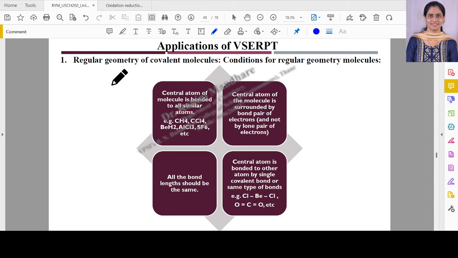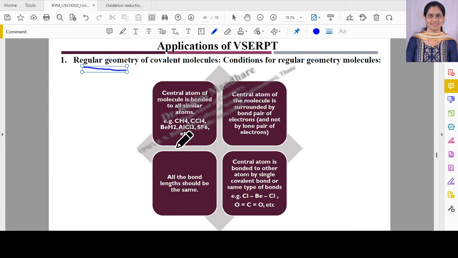Applications of VSEPR theory include, based on all these assumptions, checking the geometry of regular geometry molecules, irregular geometry molecules, and many more. Let us first see regular geometry molecules. Four criteria are there for a regular geometry molecule.